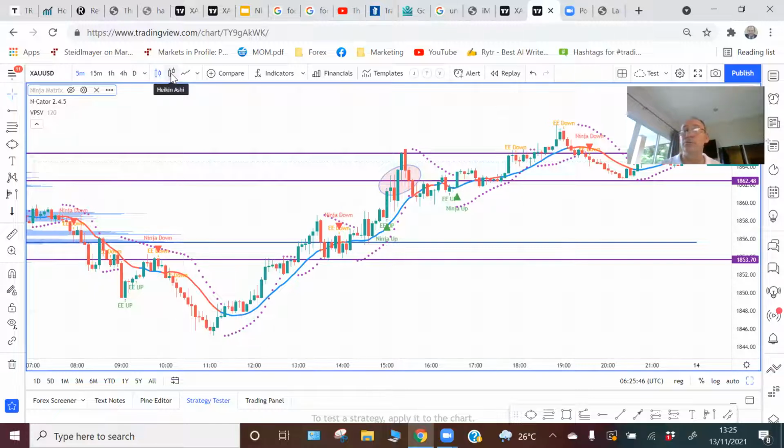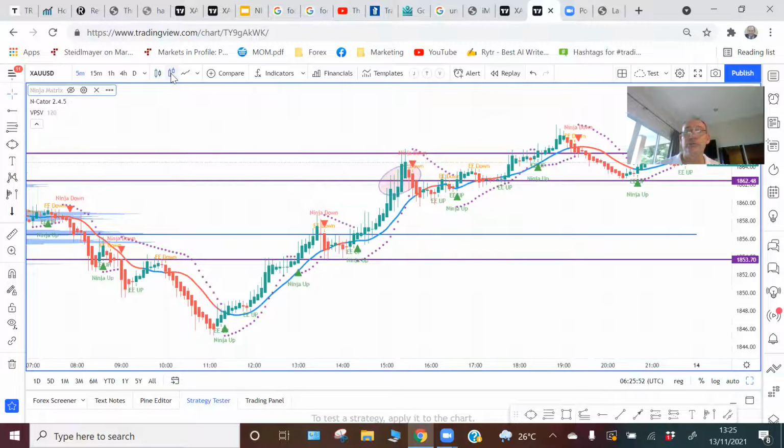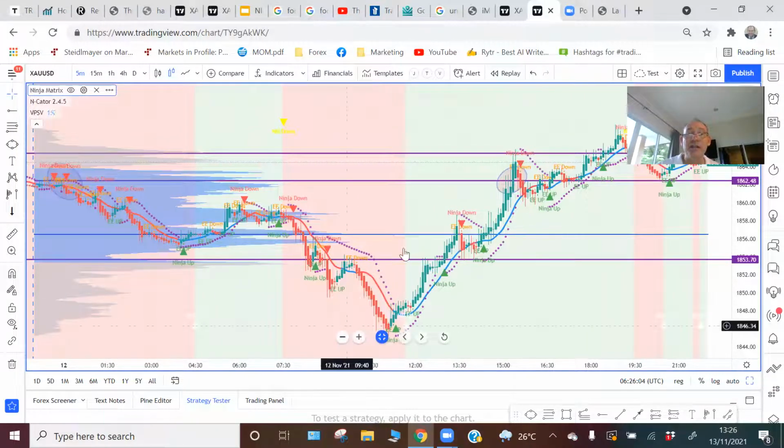To make it simple, for entry, I use Heiken Ashi candles. And you notice when I put on my matrix, it makes life a lot easier, because I know it's safe in a green area. I know that's my target. I know that's my potential entry zone here.